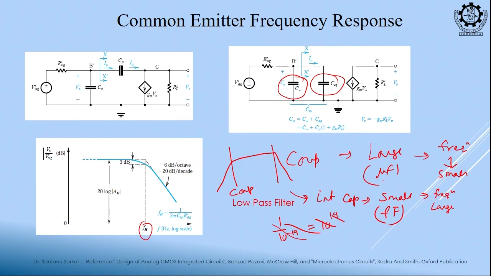Octave means twice the frequency. So, you see this pole equation is 1 by 2 pi C in into R sig, and this equivalent capacitance will give you this cutoff frequency. Any cutoff frequency you can think of as an equivalent R and equivalent C.